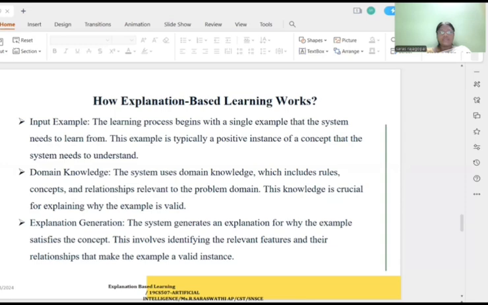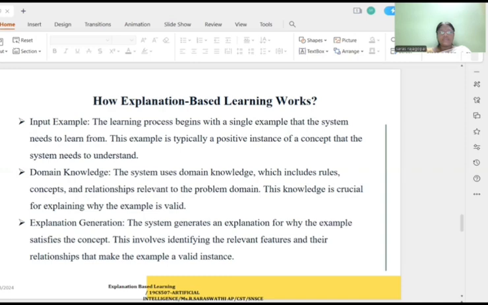The knowledge is crucial for explaining why the example is valid. Explanation generation. The system generates an explanation for why the example satisfies the concept. It identifies the relevant features and the relationships that make the example a valid instance.